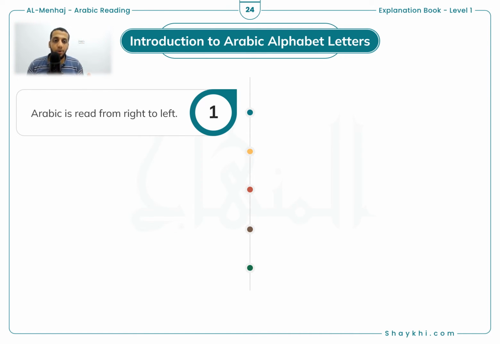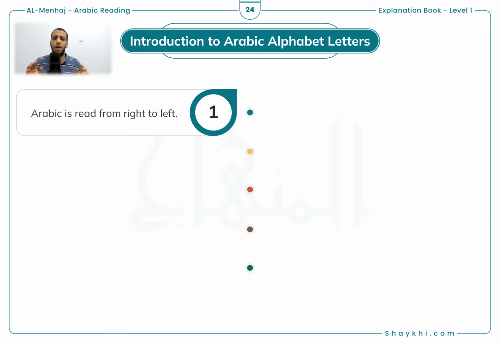Arabic is one of the 12 languages that use right-to-left scripts. This is unlike the English language or any other language outside these 12 languages.